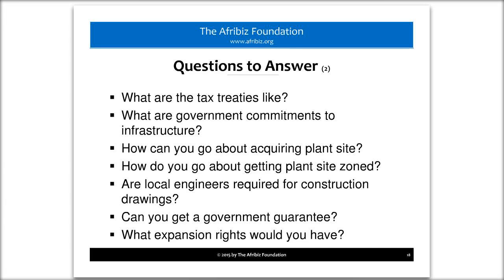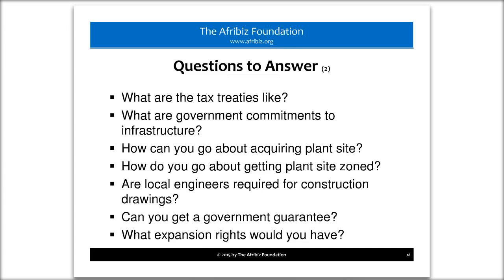Again, acquiring the plant site. How do you do that? That's very important. How do you go about getting the plant site zoned? If it's a rural area, obviously they haven't zoned it for energy. Okay, may not matter in some countries, but that would be an issue. In some cases, there are local requirements.